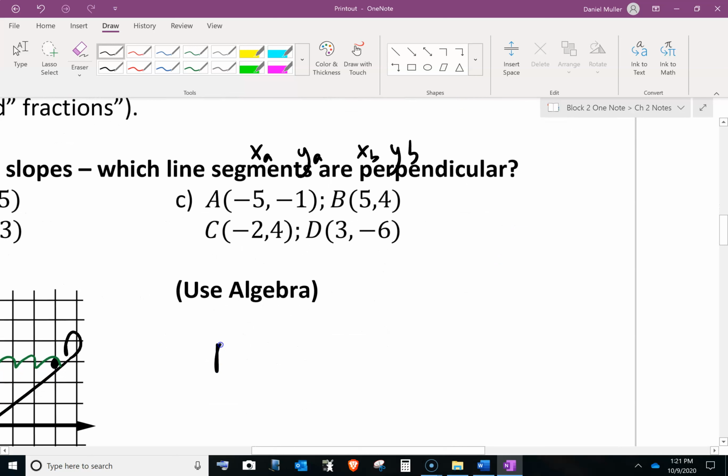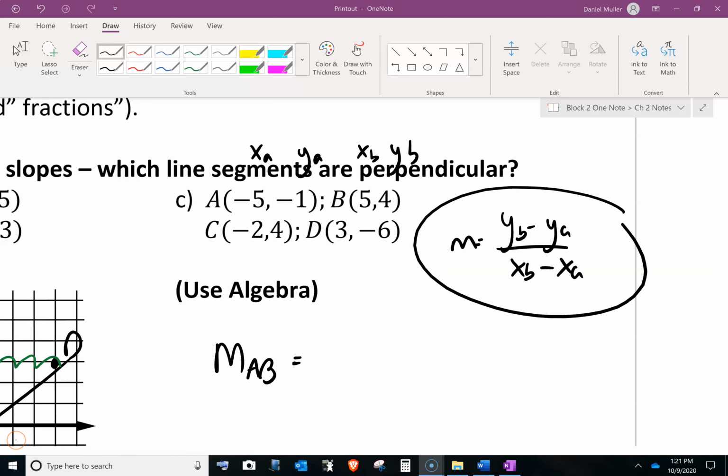So for our AB slope, MAB, our slope for AB, we can go YB, which is 4. Remember, the formula is YB minus YA over XB minus XA. That's what we are doing for our slope. So YB is 4 minus YA is negative 1.